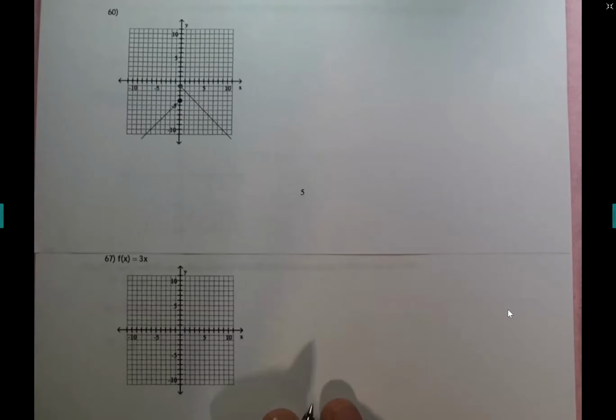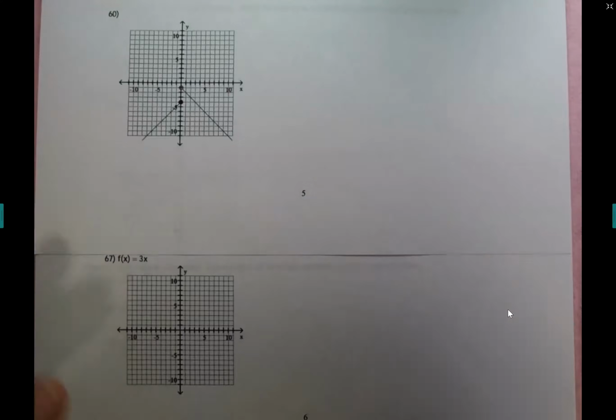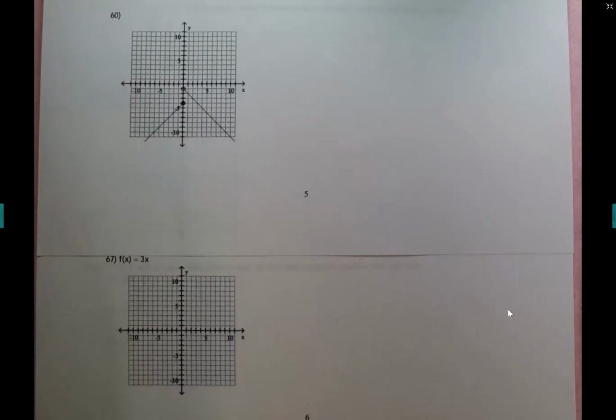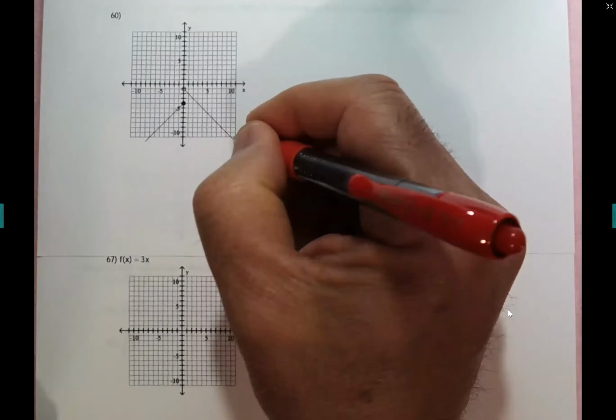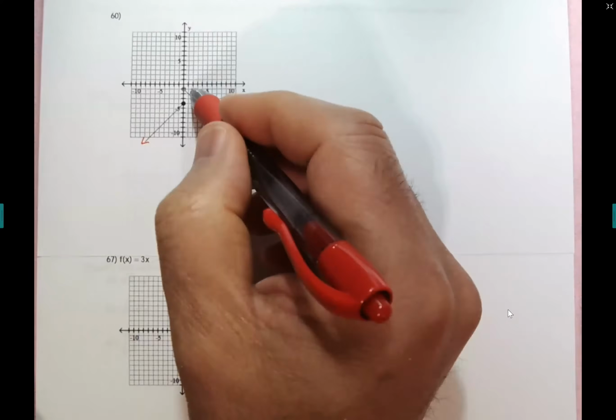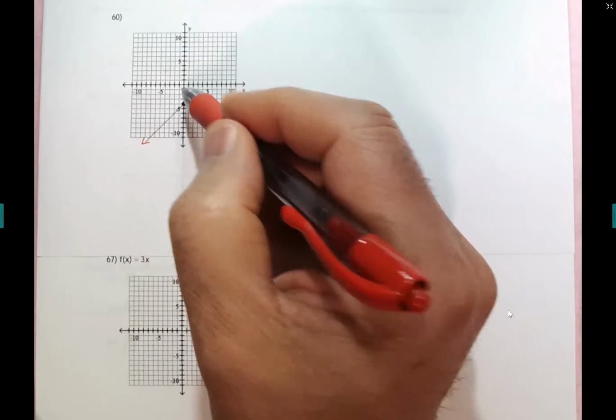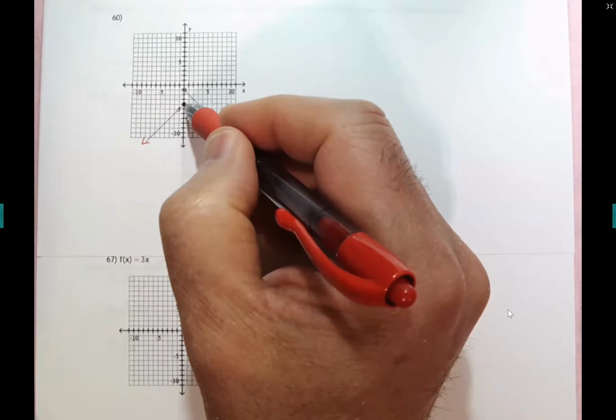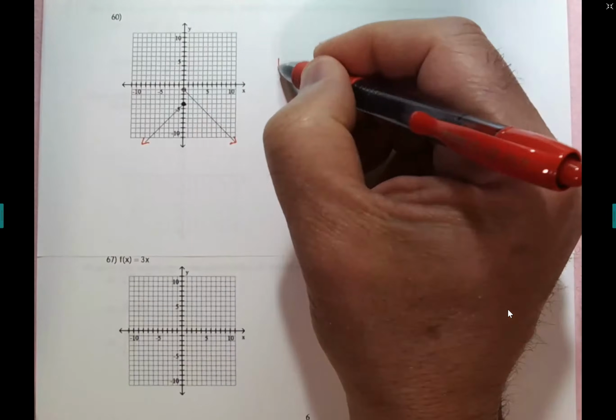Let's go to this one, 60. What do you guys think, the domain and the range? It looks to me like the domain is covered by the entire x-axis. Look, everywhere. Even here, there's an open circle, but it's a gradient circle here. So it covers the entire x-axis. So domain will be all reals.